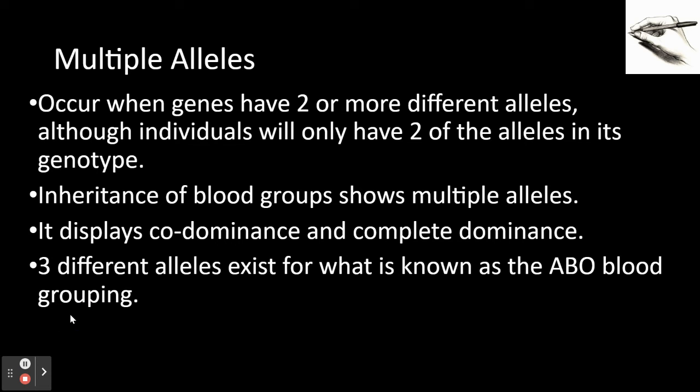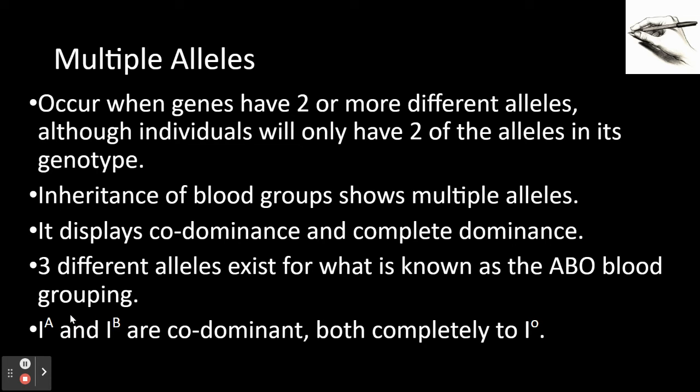So we have what's called the ABO blood grouping. That's telling us that you've actually got three alleles existing here that could code for your blood. A and B are codominant to each other, and yet they are completely dominant over the O blood group.